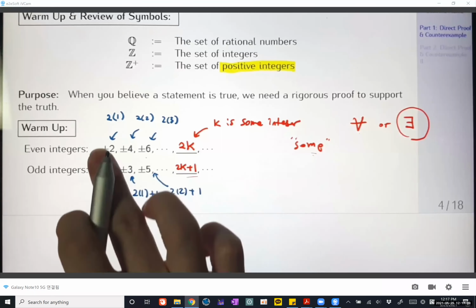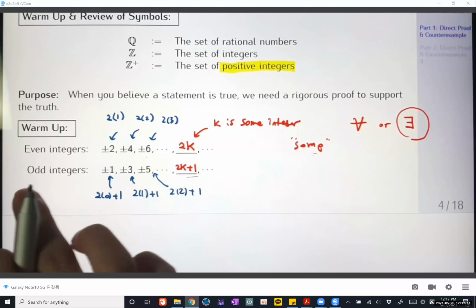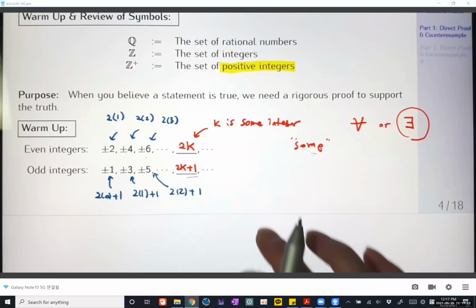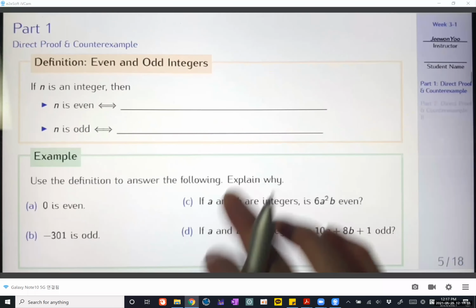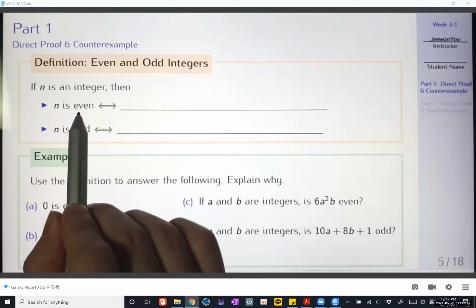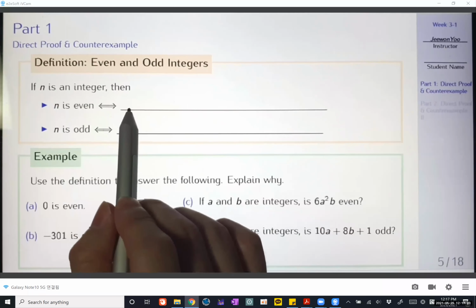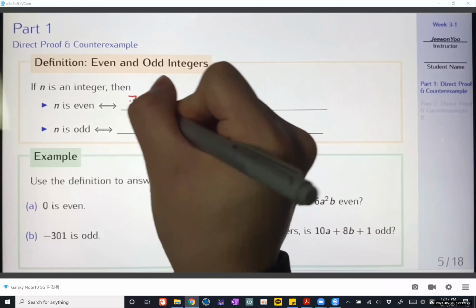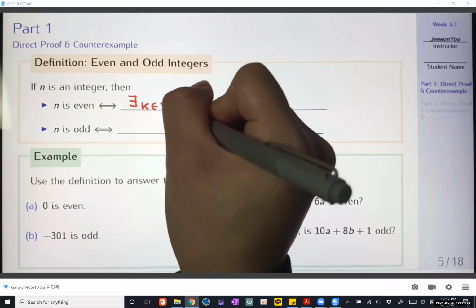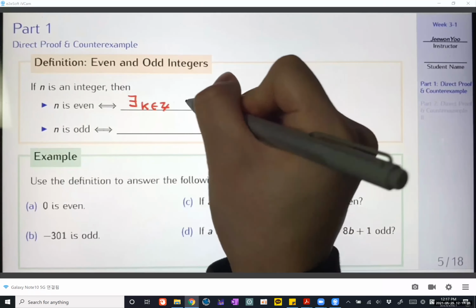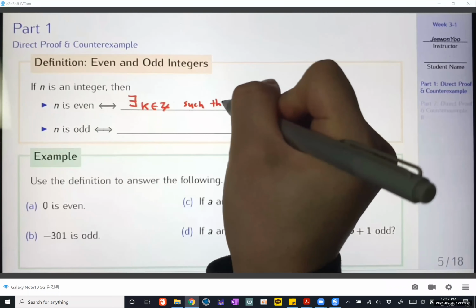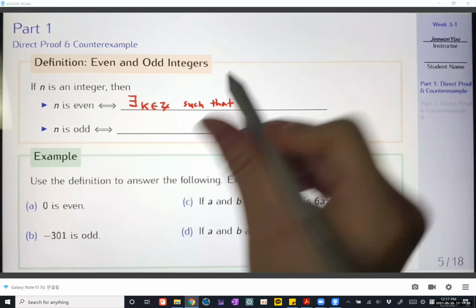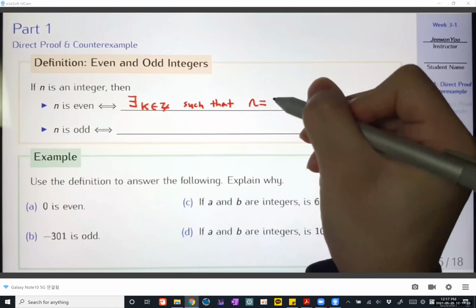So let's write the definitions of even integers and odd integers formally. Okay, let it begin. We say n is even if we can find a special integer k. There exists k in Z such that n is equal to 2 times k.